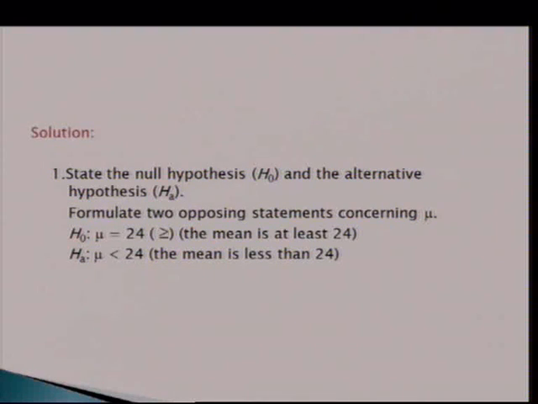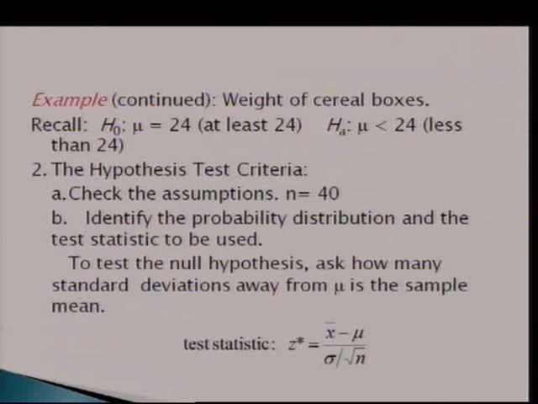It also considers the greater than or equal to, so it takes care of all. Now the same example we are continuing. Since we have taken our null hypothesis as mean equal to 24, and alternative hypothesis as mean less than 24, now we are going for the test criteria.